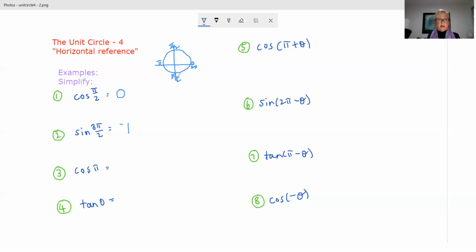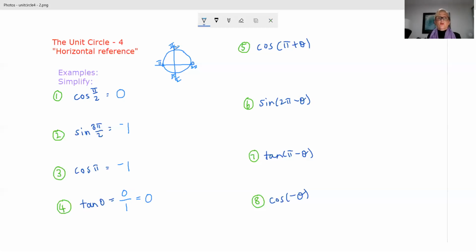Cos of pi. We're at pi here. Cos is the x value. What's the x value there? That's -1. And tan of 0 is going to be your y value, which is 0, divided by your x value, which is 1. 0 divided by any non-zero number is 0.